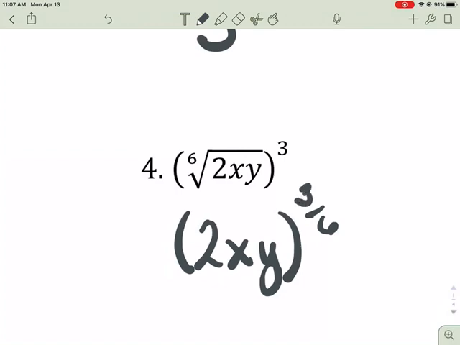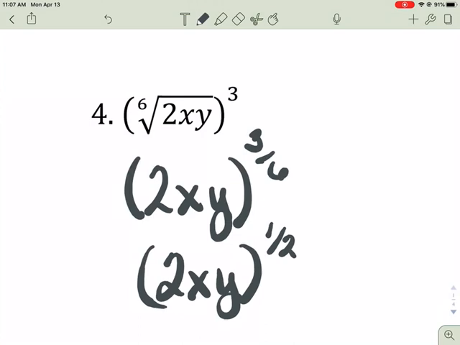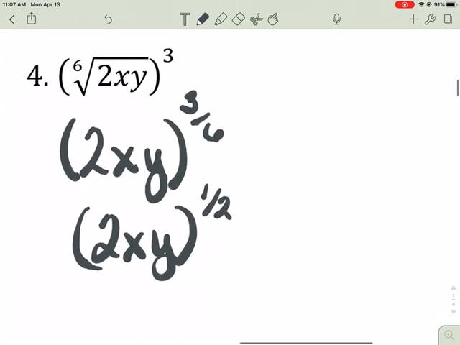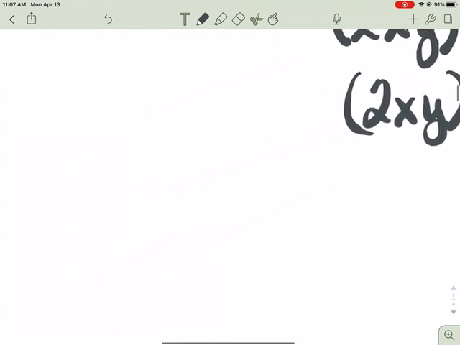Yes, you can reduce that and make this 2xy to the 1/2 power. That's going to make it a little bit easier. Now, our rules of exponents allow us to give everybody the 1/2, but I'm okay right now just leaving it like that, and we'll talk a little bit more about it in a few minutes.